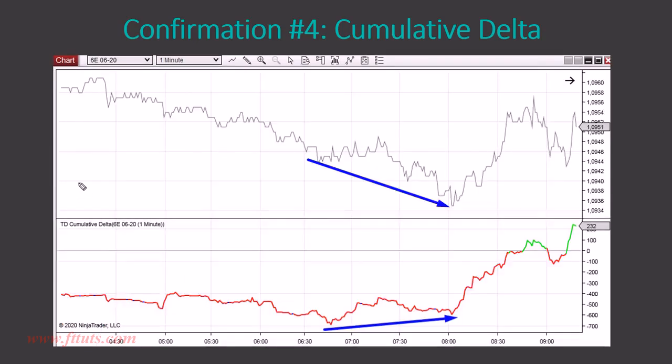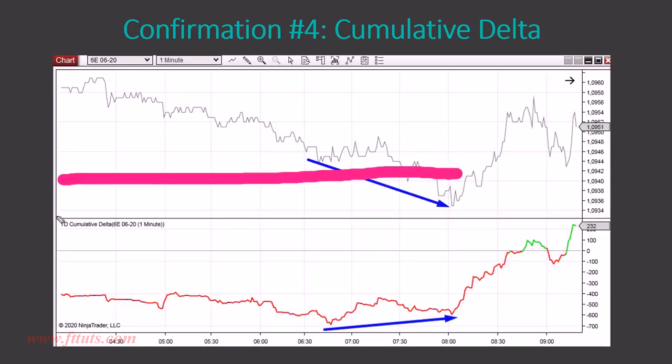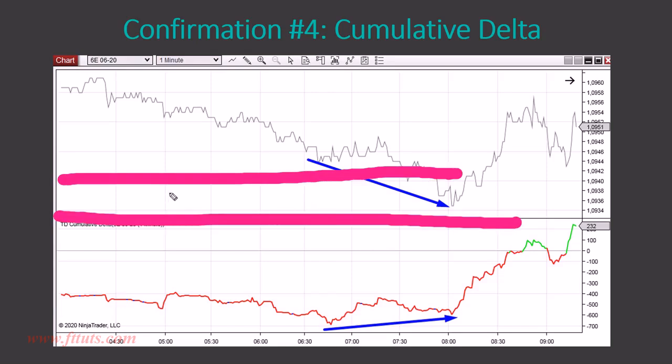So imagine you had a support somewhere in here. You found that support using price action or volume profile strategy, and you are waiting for some confirmation in here. Price is heading downwards, but suddenly from this point, delta starts to rise.